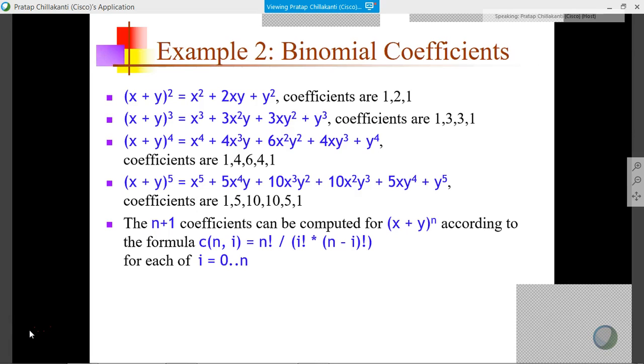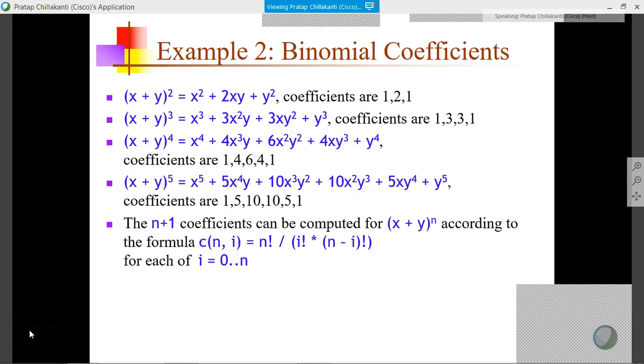Similarly for x plus y raised to 4. And then you generalize it. When you generalize it, you can see the n plus 1 coefficients can be computed for x plus y raised to n. According to the formula, C is combinations, right? Permutations and combinations, remember?